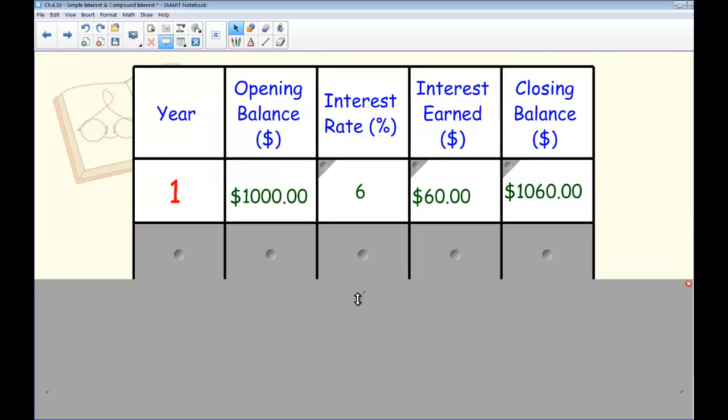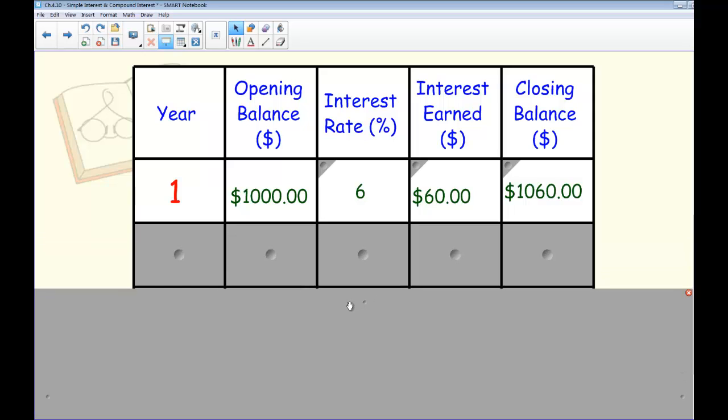If we were then to reinvest our money, let's say we did not withdraw any of this money that we've earned. So in year 2, our closing balance from year 1 would then be our opening balance for year 2. Now we're going to keep our interest rate the same at 6%, but now what's going to happen is when we calculate the interest earned, we're calculating it on a higher value than originally from year 1.